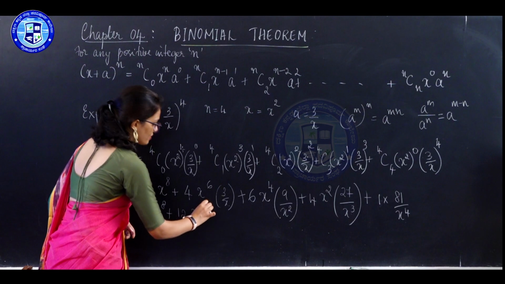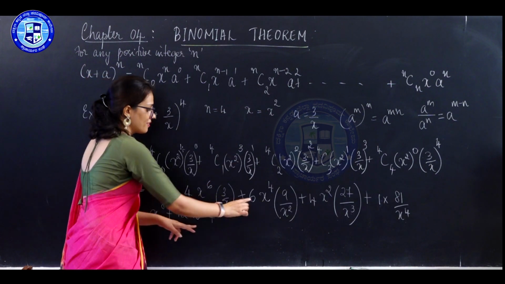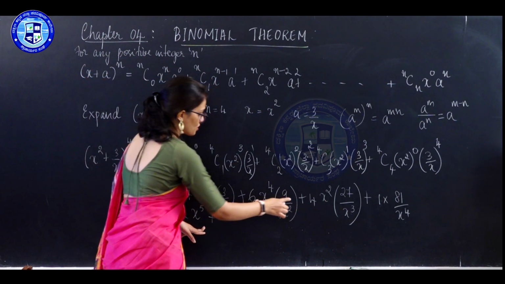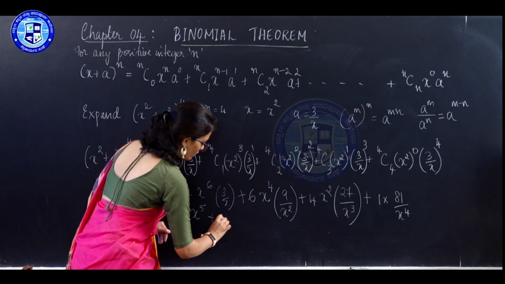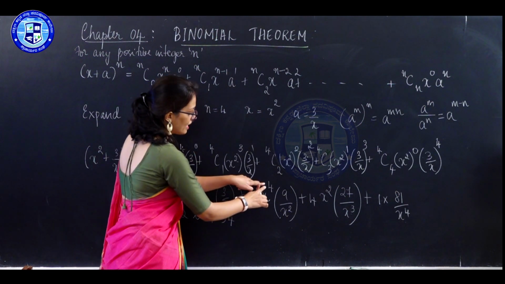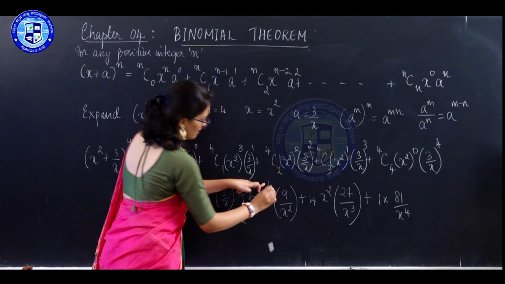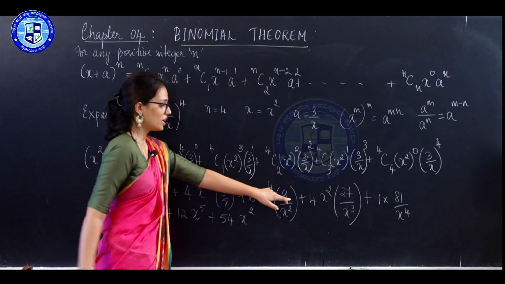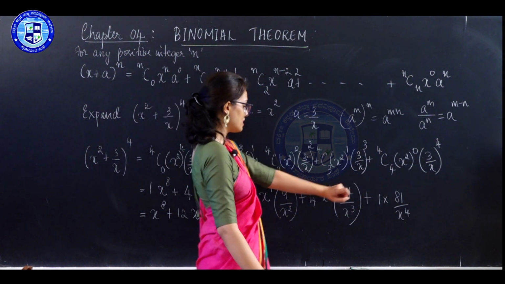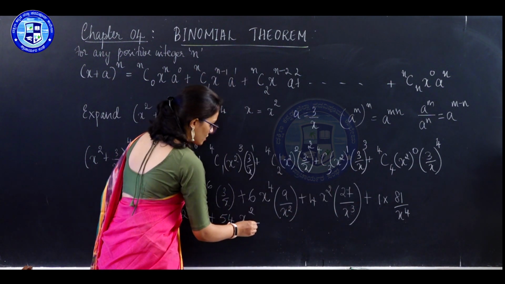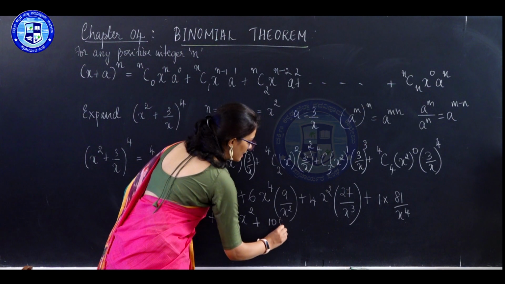So, x to the power 5 plus we have 9 into 6 into 9 is equal to 54. So, we have 54, x to the power 4 minus 2, that will give us x to the power 2. Here we have 4 into 27 is equal to 108. So, plus 108.